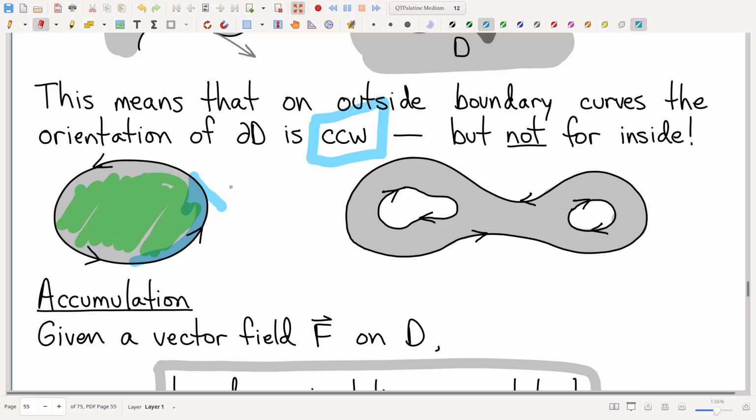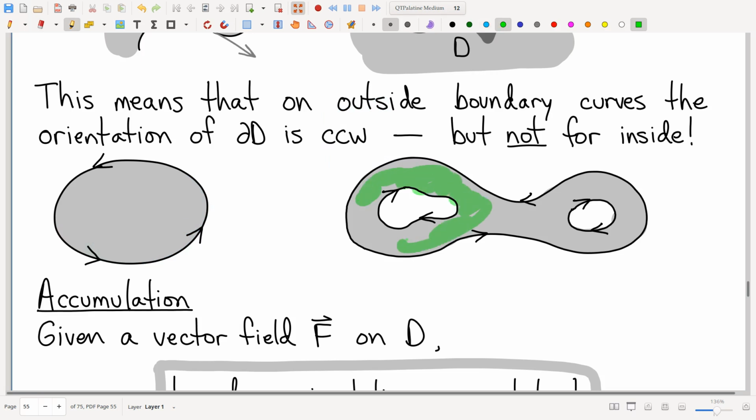And the easy counterexample is, what if we have a grassy field like this that has a couple of lakes in it? Something like that. All right, and at a point like this, which direction do I go? I picked the wrong color. Sorry.